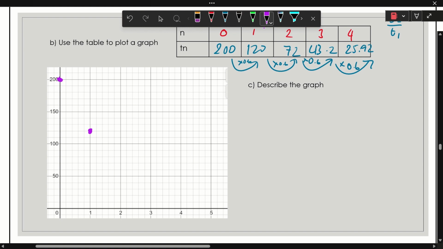If that's 75 right there, it probably is somewhere here. 43.2, so that's 40 here, so that's probably about here somewhere. And then number 4 is 25.92, so that would be probably about here.